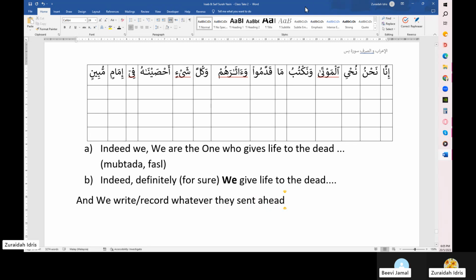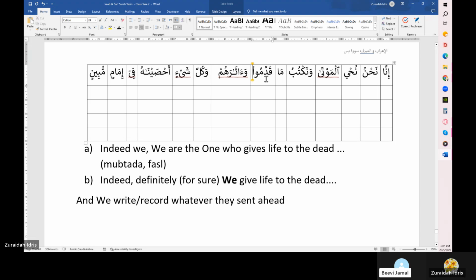There's something here that I did not mention, but I need to mention it because it's mentioned there. This qaddamu and ma, the relationship of qaddamu and ma.